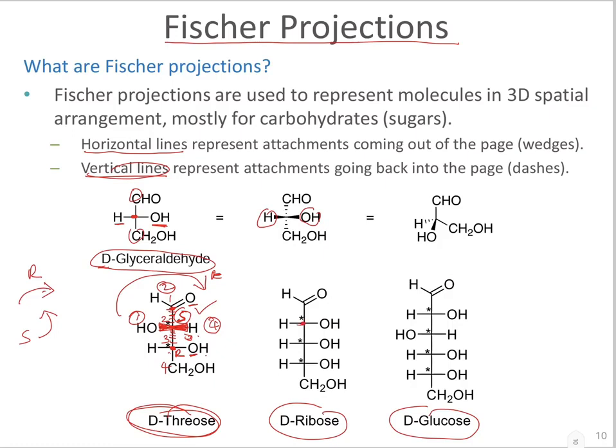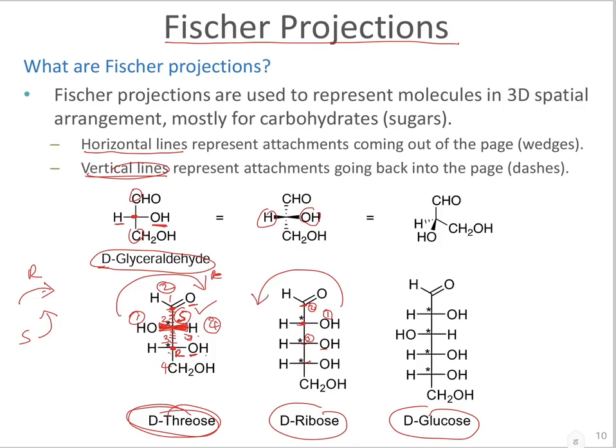So this is priority number 1. Then this carbon is connected to two other oxygen atoms. This carbon is connected to an oxygen and another carbon. So this is priority number 2. Then priority number 3 is this one here, that is carbon number 3, so which means we are going counterclockwise.